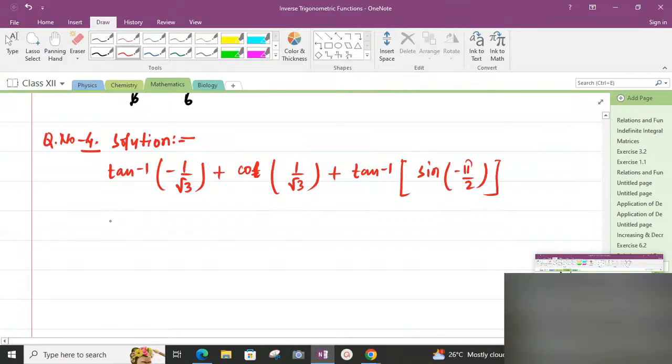So this is the question, and it asks us to find the value of this expression.